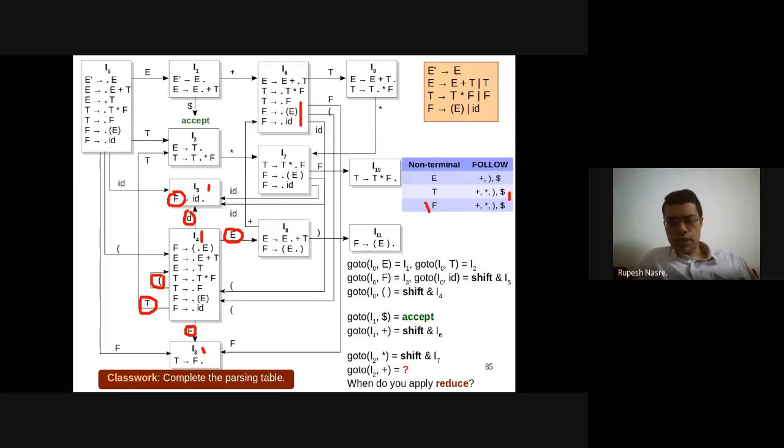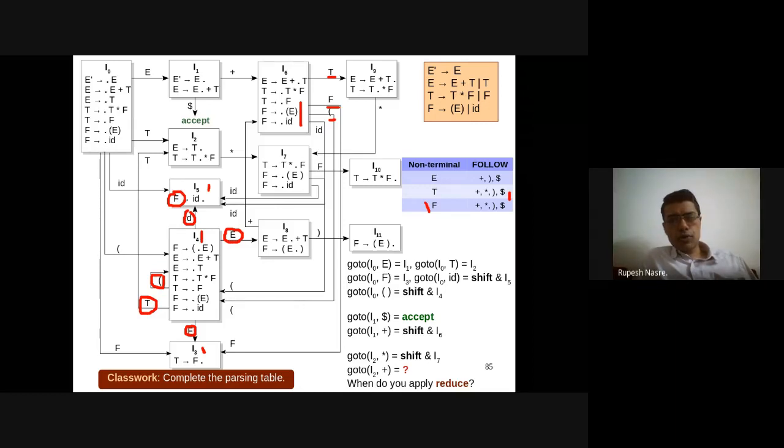Okay, go to 6 on T is 9, go to 6 on F is 3, that is correct, and go to 6 on opening parenthesis, shift 4, opening parenthesis is shift and then you go to 4, that is correct.